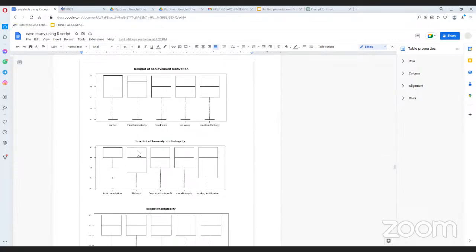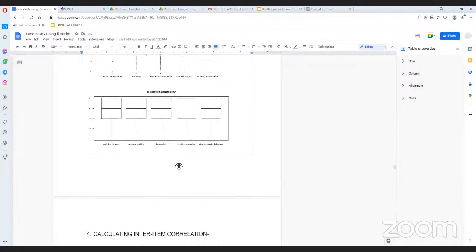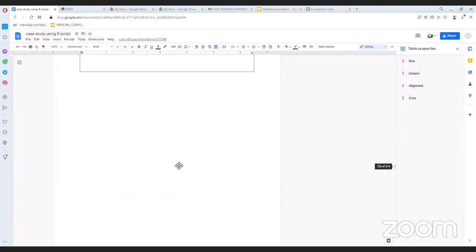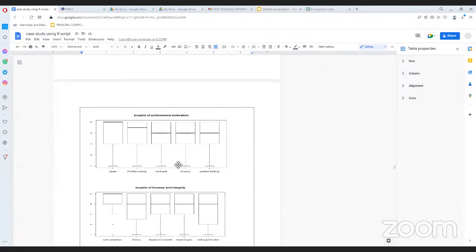This is the result. This is the achievement motivation, and you can find 5 variables there: 1, 2, 3, 4, 5, and these are the variable names. How will we interpret these diagrams, sir? In the first one, you do not find any outlier.